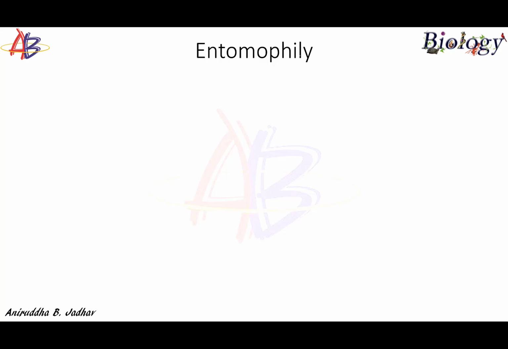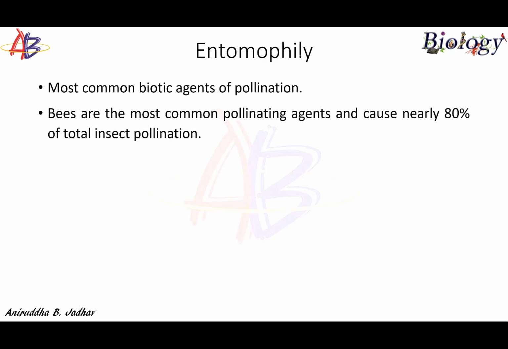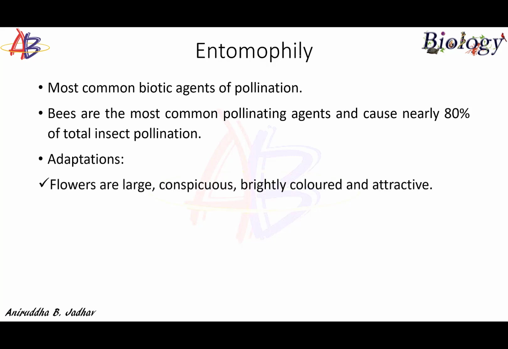Entomophily means pollination by insects, and these are the most common biotic agents of pollination. Among insects, bees are the most common pollinating agents, and they cause nearly 80% of insect pollinations. The characteristics or adaptations shown by entomophilous plants include flowers that are large, conspicuous.